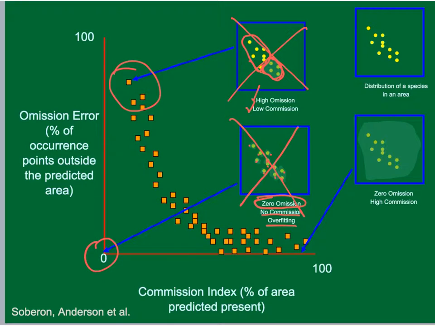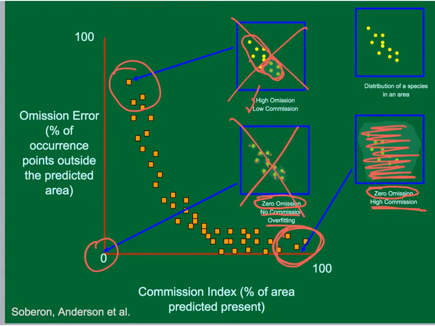And then we have our third scenario occurring here on the far side of the x-axis. We have a very high commission and a very low omission. So again, low omission is good. The model's predicting our testing data. However, if we have very high commission and we just predict the majority of the landscape, then we're not doing a very good job of differentiating the parts of the landscape where the species could be found and the parts of the landscape where the species could not.